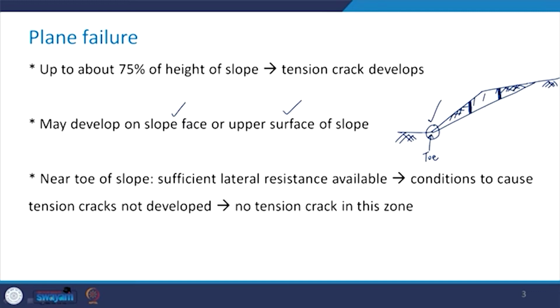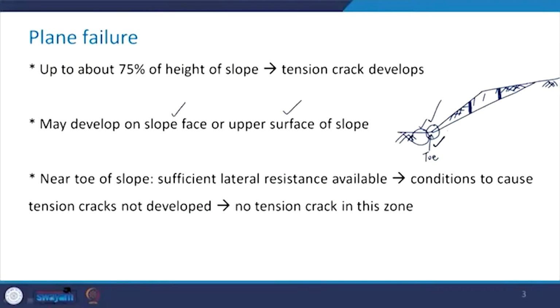Here sufficient lateral restraint is available and therefore, the conditions required to cause tension cracks do not develop and therefore, no tension crack occurs in this zone. So, the tension crack can occur either on the slope face or on the upper surface of the slope.